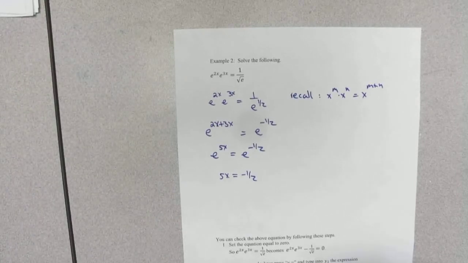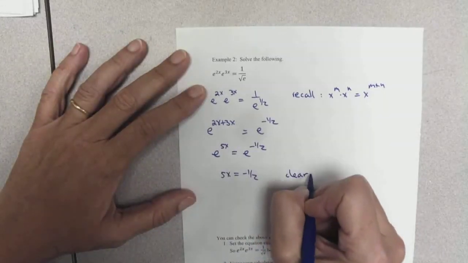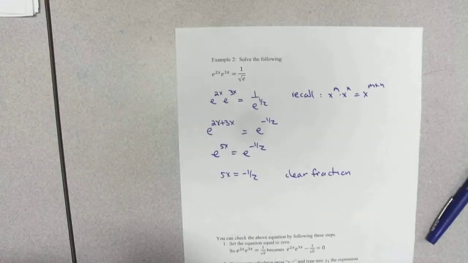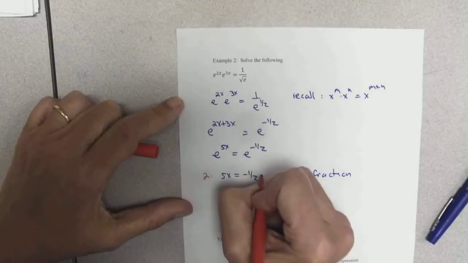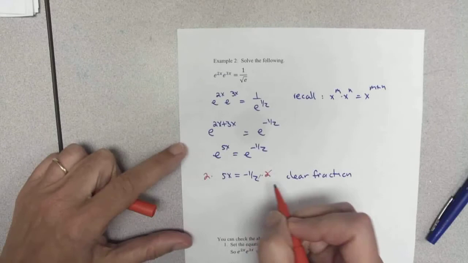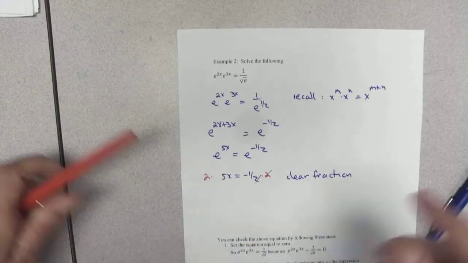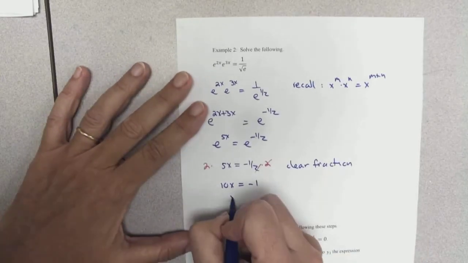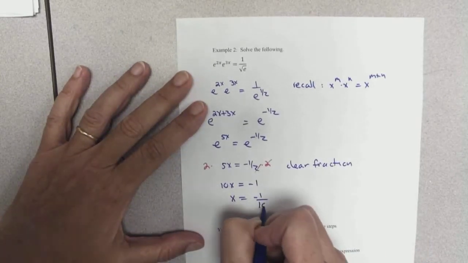Solving any of your favorite ways, you could multiply both sides by 1/5. I prefer to clear fractions. That's just my way to do it. So I'm going to multiply both sides by 2. That is not the only way to solve this problem. So that's 10x equals negative 1, x equals negative 1/10.